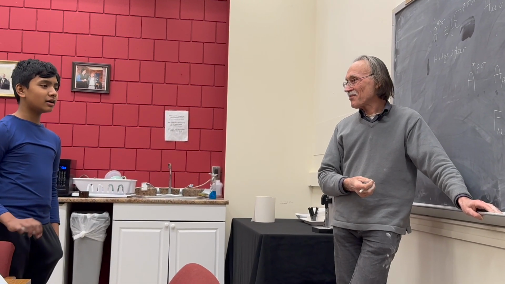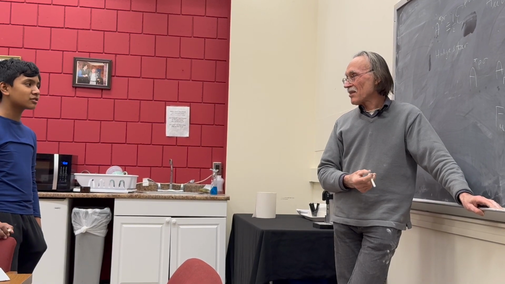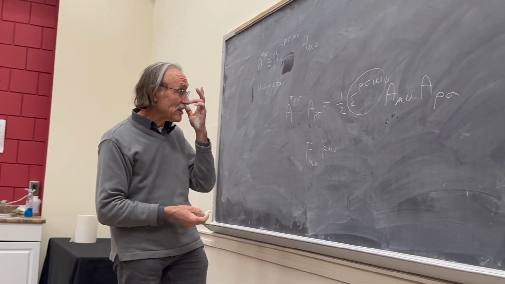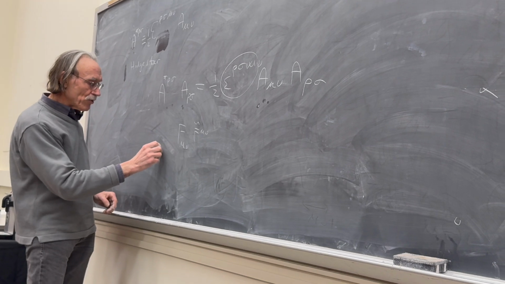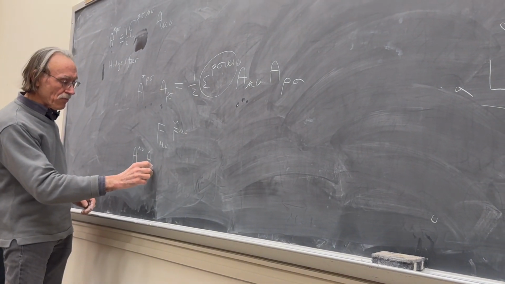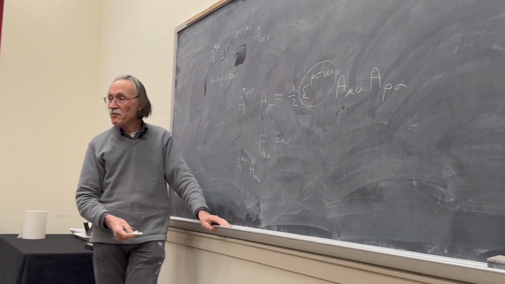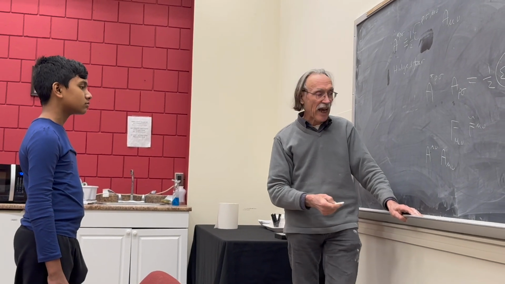So generally, what is the difference between a pseudo-scalar and an actual scalar? A scalar, if it transforms under Lorentz transformations, stays the same. So if you would have A mu nu, this is invariant. If I apply a Lorentz transformation to both of them, it just drops out. It is exactly the same.